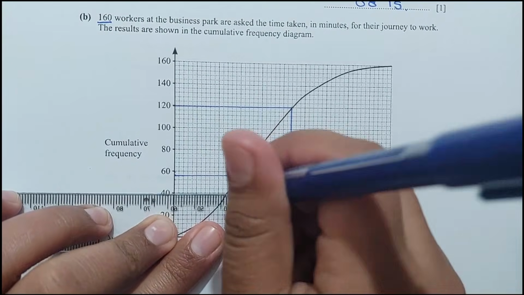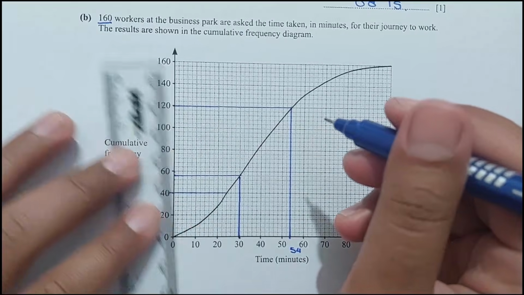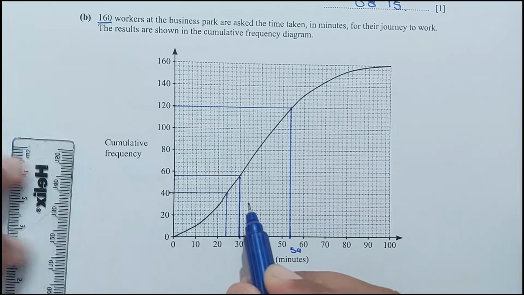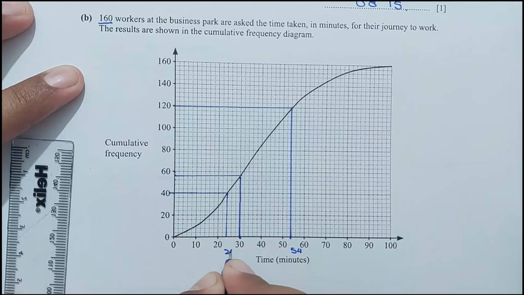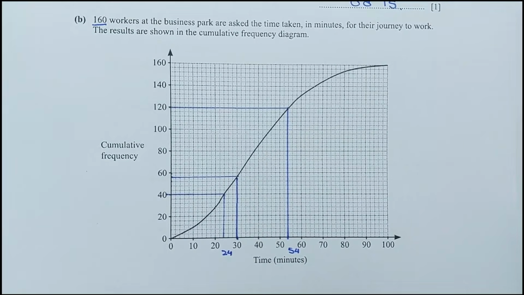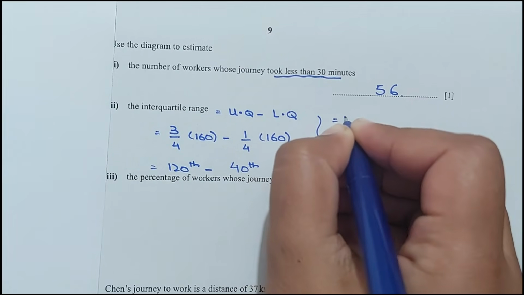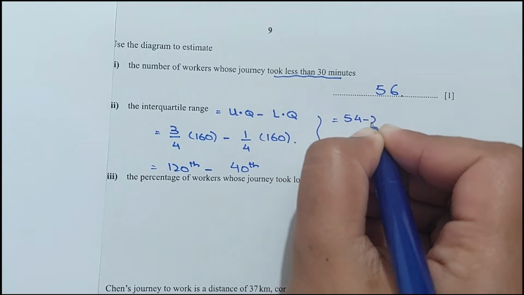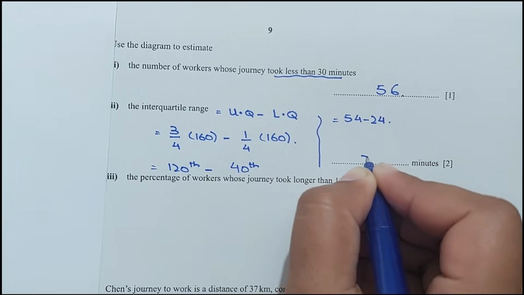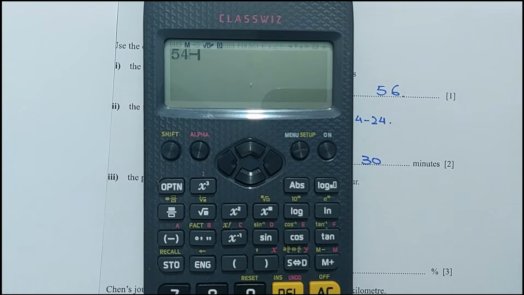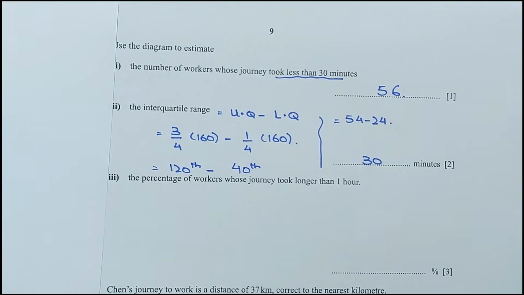The 40th value is over here, and that would be 24 minutes, right? 54 and 24. So let me find out the difference, which is 54 minus 24, which is 30 minutes. Let me double check. 54 minus 24, yes, 30 minutes.